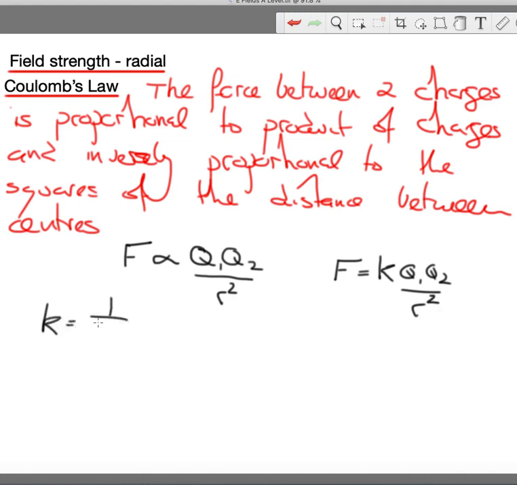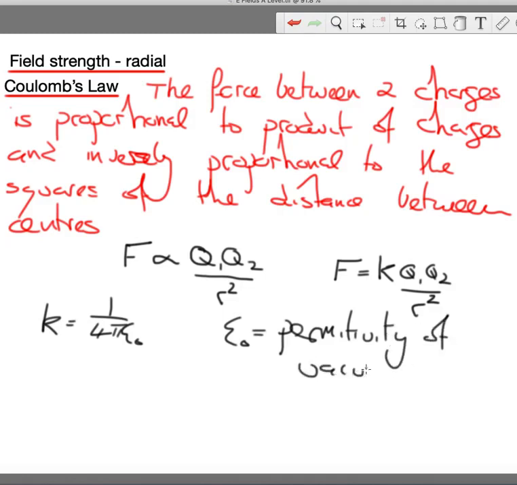is 1 over 4 pi epsilon naught, where epsilon naught is the permittivity of free space or a vacuum, and it is 8.85 times 10 to the minus 12 farads per meter.